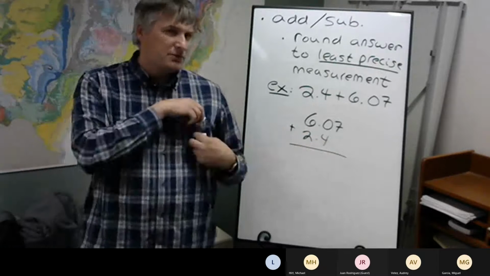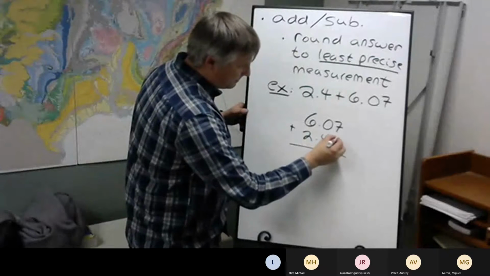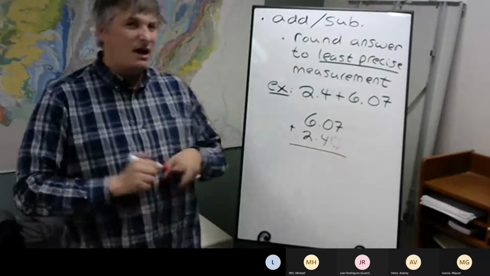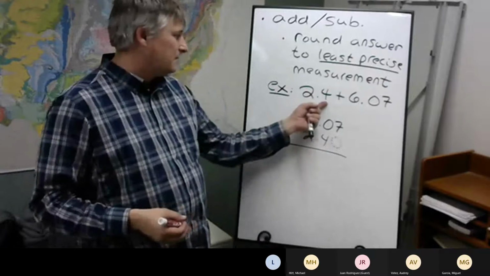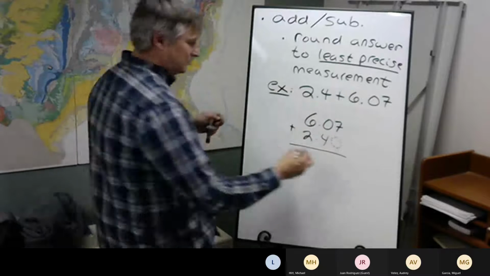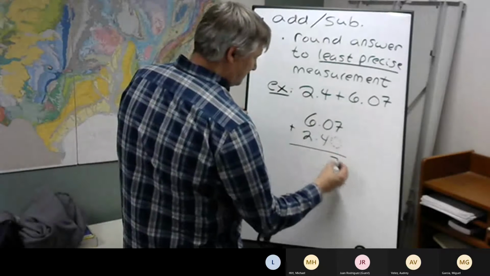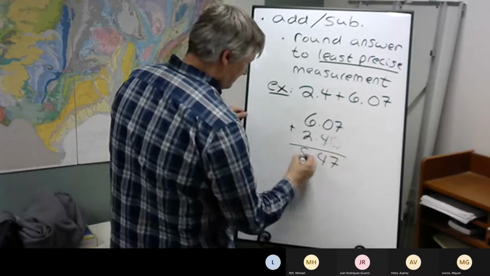We usually put in a 0 here, but I'm going to put an invisible 0 like this. That is not a significant digit. This is just something we do with the addition. This is the rightmost significant digit, the 4. So we'll add. We have 7, 4, and then 8.